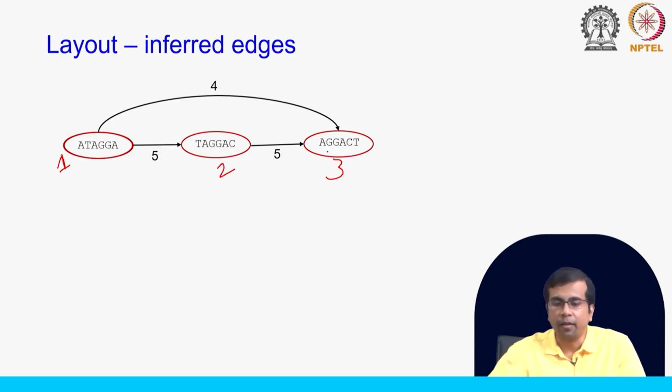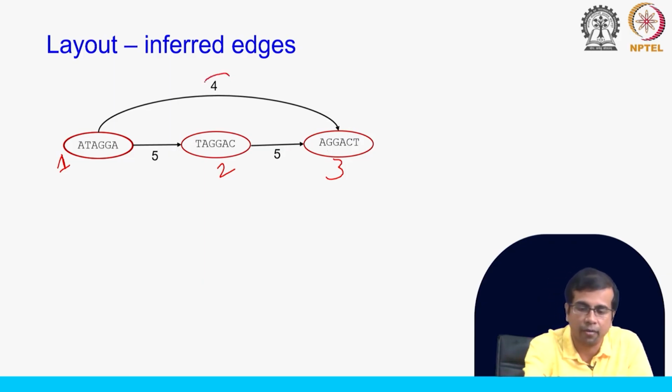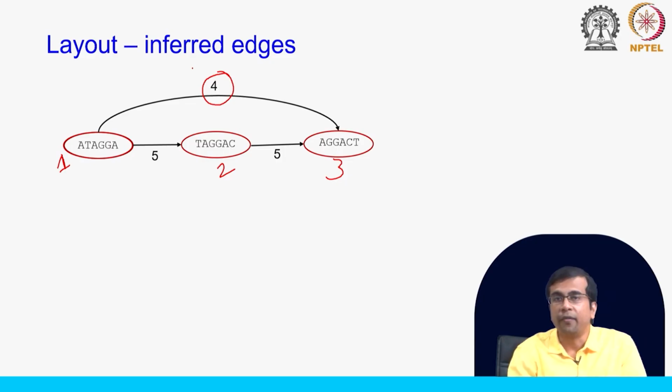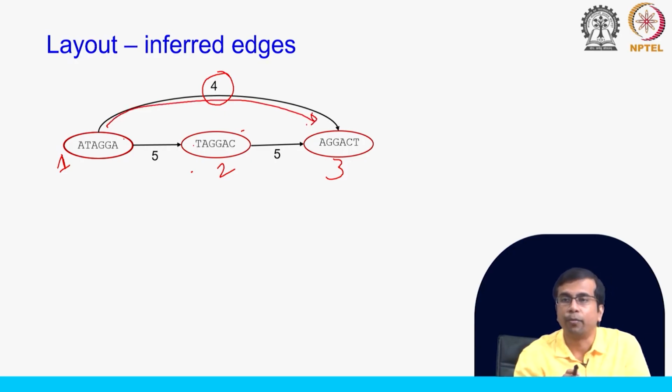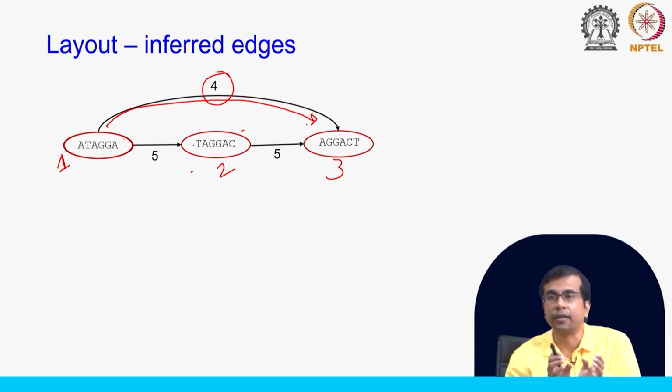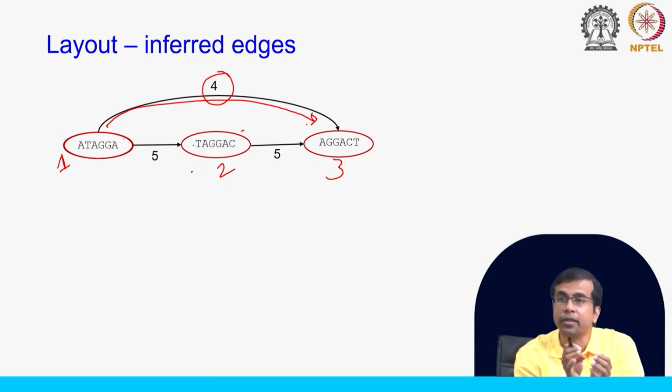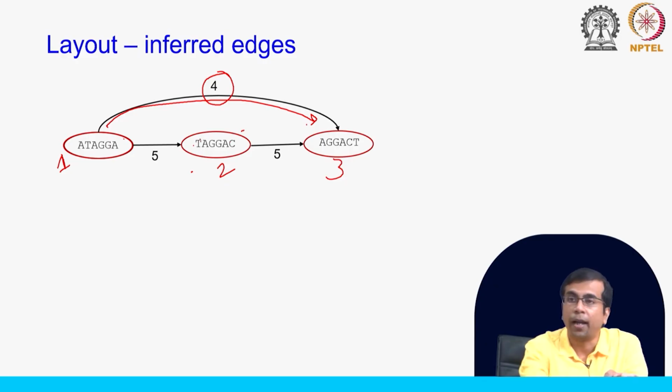Now, in this graph, one thing you probably notice immediately is that this edge here can be inferred if we have the information that these 2 reads have a 5 base overlap and these 2 reads have a 5 base overlap. You can infer that these 2 reads here will have a 4 base overlap. Why? Because of the constraint that we impose when building the overlap graph. We require the suffix of node 1 to align or overlap with the prefix of node 2.